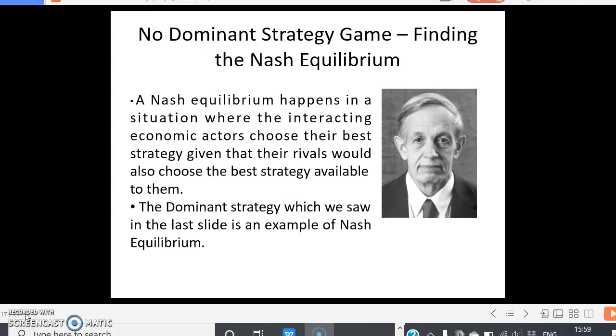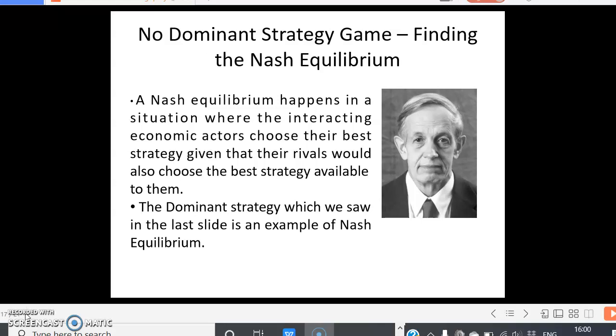Can we have a situation where there is no dominant strategy? Yes, that's a possibility. How do we play that game? To play that game, we look at the concept of Nash equilibrium. The gentleman in the photograph here is John Nash, and many of you must be aware of the movie A Beautiful Mind, where the lead character played John Nash.